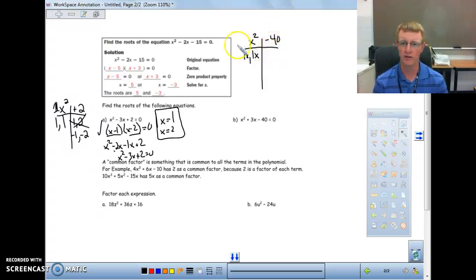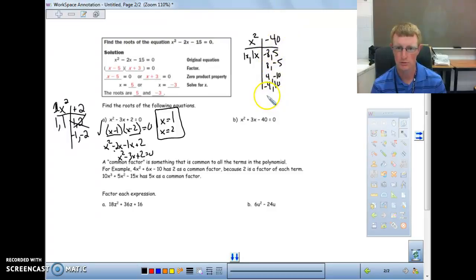Now, when you're doing these, I always start at the middle factors, the two numbers that are closest together. So negative 40, I know that negative 8 and 5 go into that. And that means we also need a 5 and a positive 8 and a negative 5. Then I go to 4 and negative 10, negative 4 and positive 10. And then the next one would be 2 and 20.